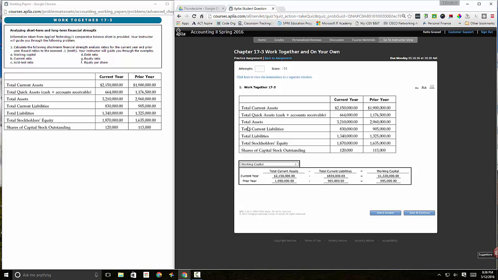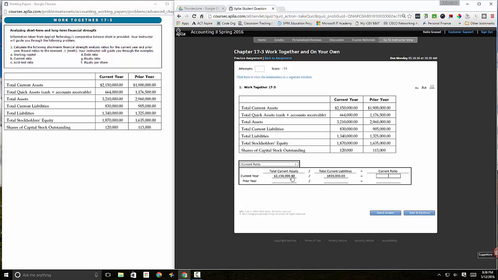So the next one we're going to do is our current ratio. Our current ratio is calculated by taking your total current assets and dividing by your total current liabilities, and that will give you your current ratio. So we're going to be using the same numbers, but instead of subtracting, we are going to divide.